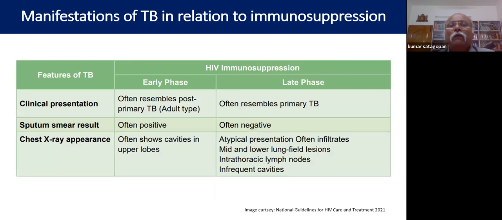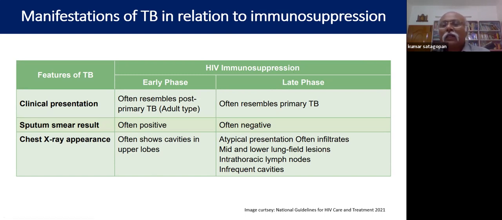So how does TB manifest in relation to immunosuppression? Usually now, because of good ART intervention, what we see often resembles the post-primary, early phase only. The late phase is very uncommon nowadays, but anyhow, we have to know the difference. The clinical presentation in the early phase of HIV is like post-primary, an apical cavity, fibrocavitary disease. Sputum will often be positive, and the chest shows cavities in the upper lobes.